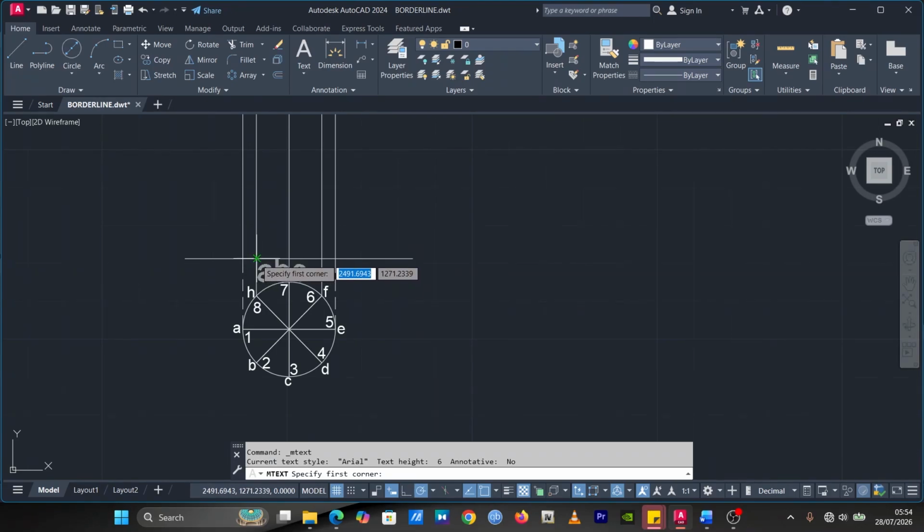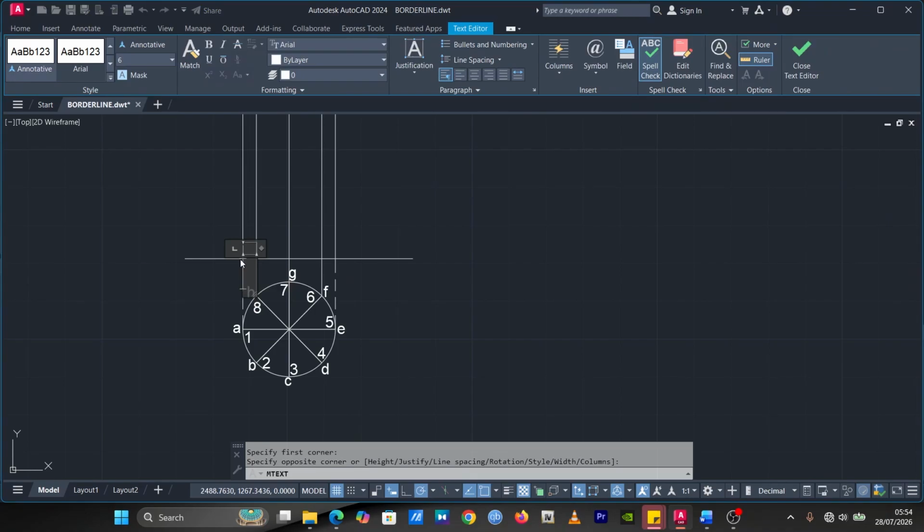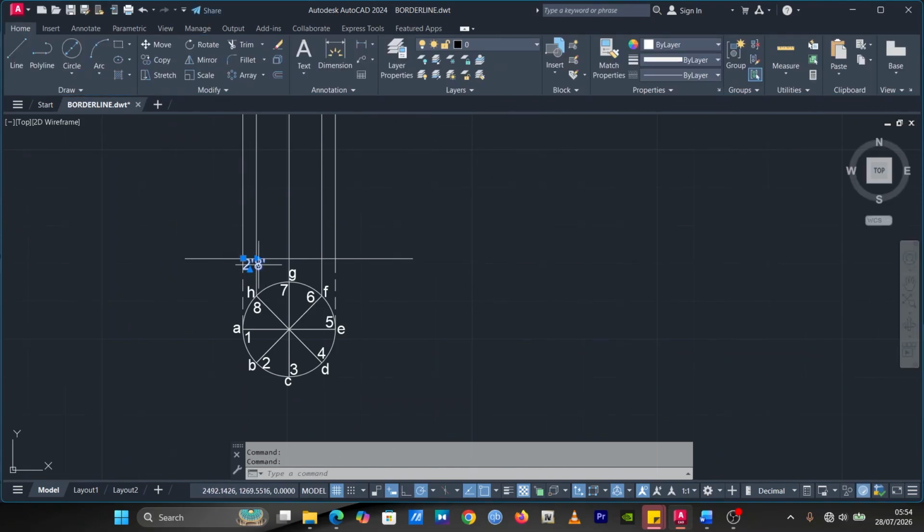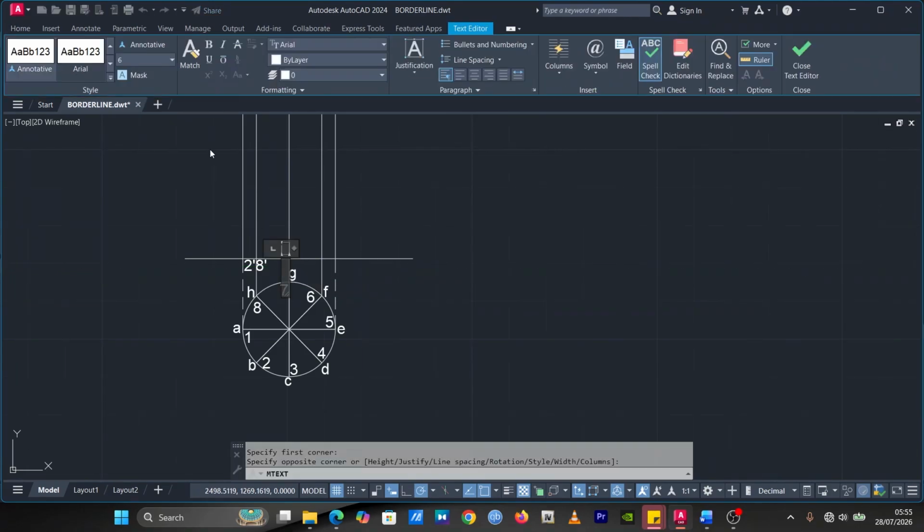So now we are going to have, so change it to 3. We are going to have 2 prime, 8 prime over here. Then we are going to have 3 prime 7 prime over here.